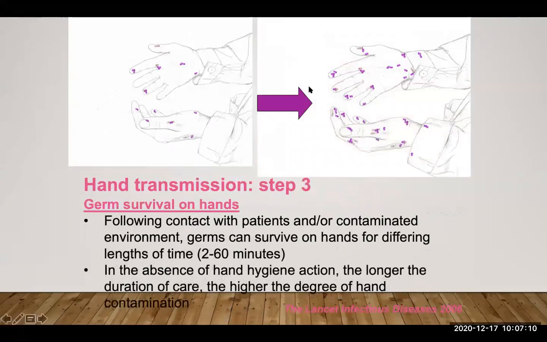And step three is germ survival on the hands. Following contact with patients, germs can survive at least 2 to 60 minutes. This is enough time for any organism to enter the human being and cause multiple symptoms and problems. If there is an absence of hand hygiene, the longer the duration, the higher the degree of hand contamination.